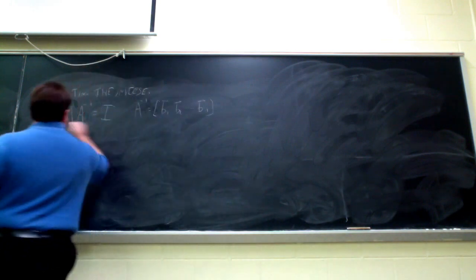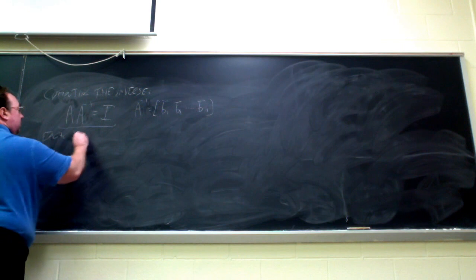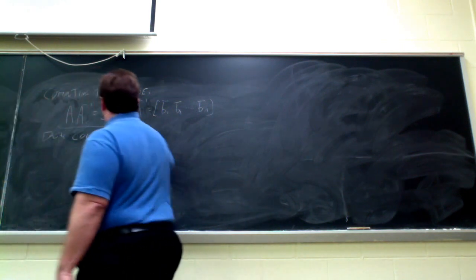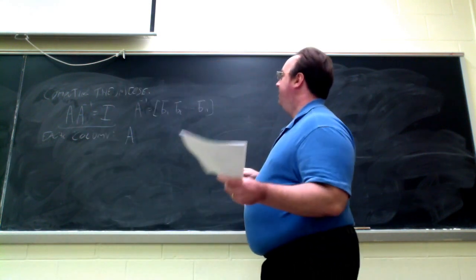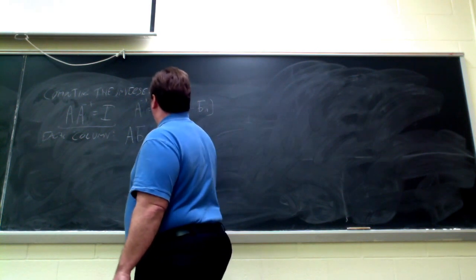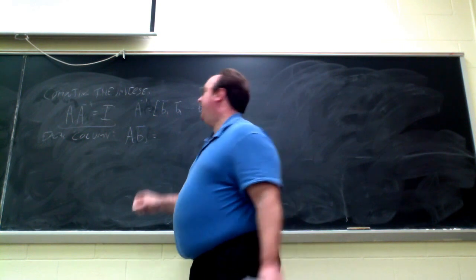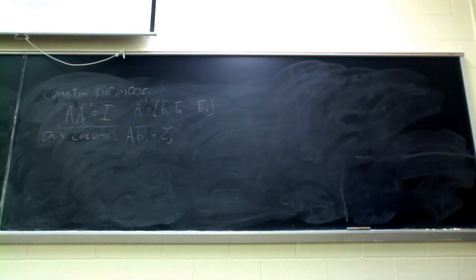So for this equation, I take each column, and what we get is A times the jth column of the inverse, which is Bj, and that is going to be equal to the jth column of the identity, which is ej. So you can describe each column of the inverse as satisfying this system of linear equations.